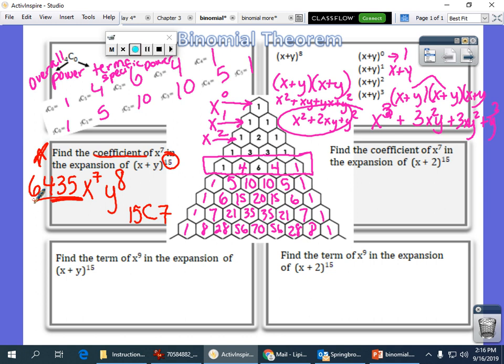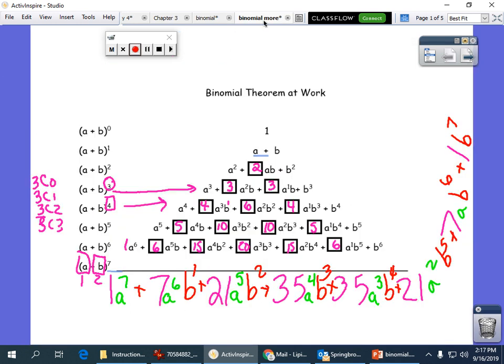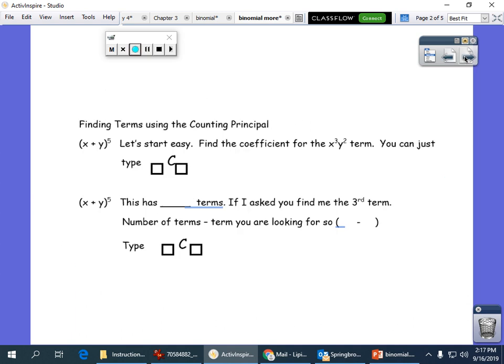Are you ready? Okay. Let's go to this other paper. All right. To find the coefficient. This one was nice. They already did the terms for us, yes? You can simply type power, first power. So what's my overall power? 5. What's my first power? 3.